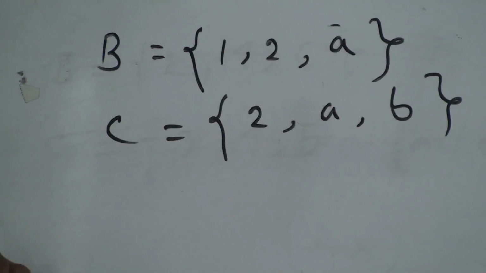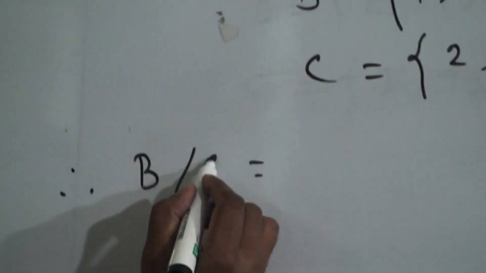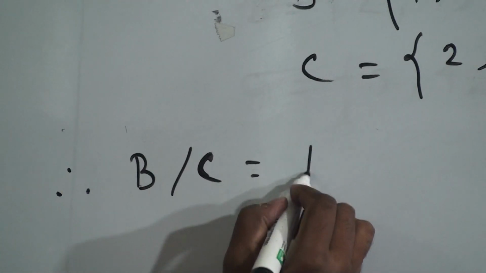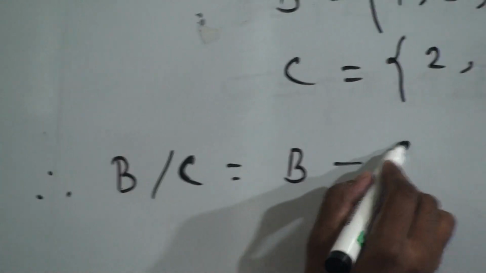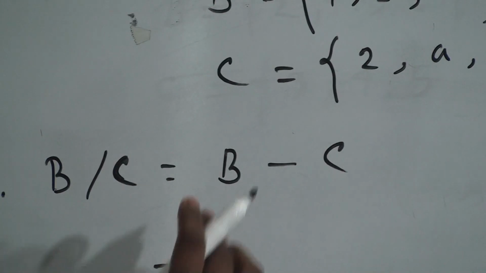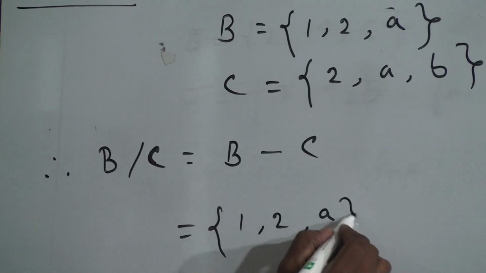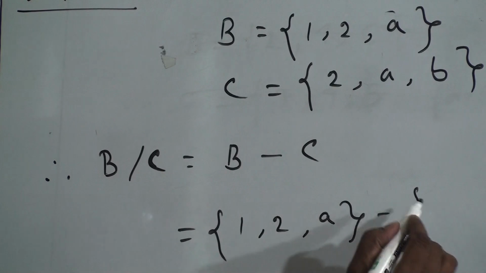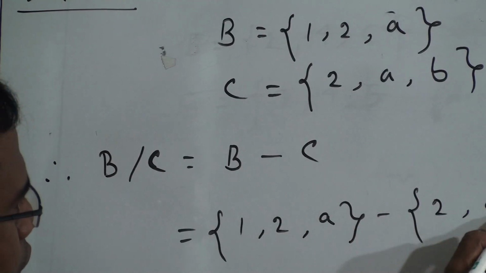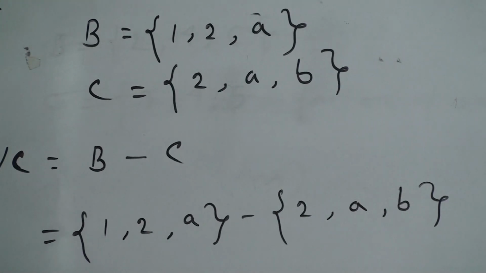Therefore B delete C, we can express this as B minus C also. Now the value of B is {1, 2, a} minus C, the value of C is {2, a, b}.